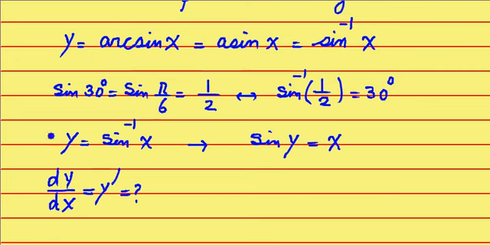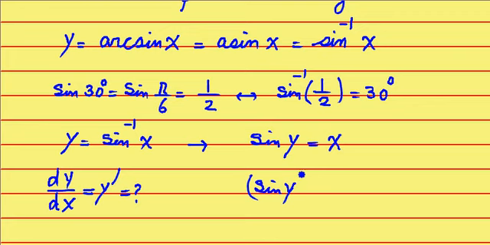This is a function that is new for us. We don't know how to handle it, but we know about the function sine. We worked on that just last time. So I go ahead and differentiate this one, but there's a price attached to it. This equation is an implicit equation, so I have to differentiate it just like the differentiations we did. Let's first write what we are going to do.